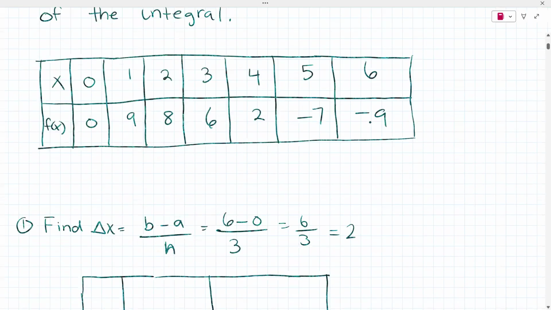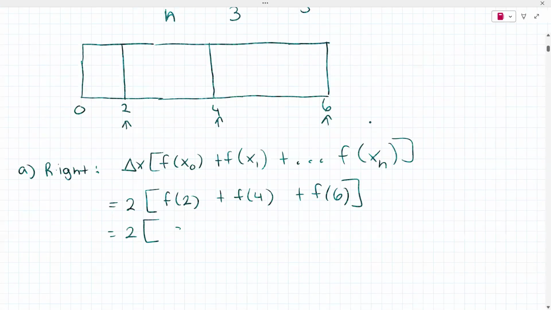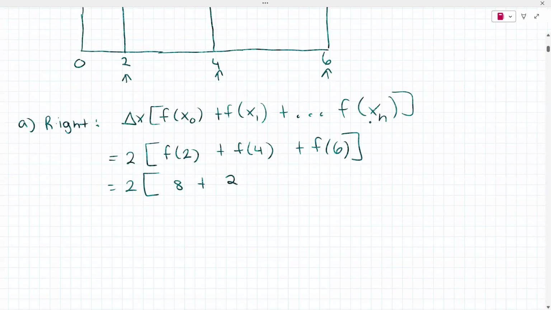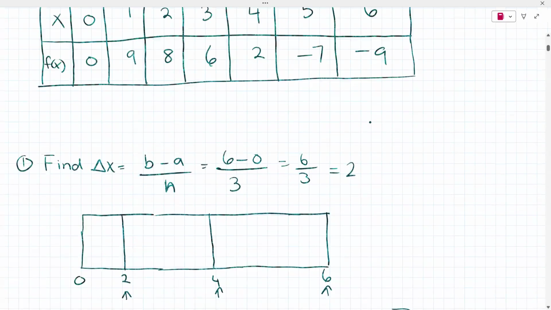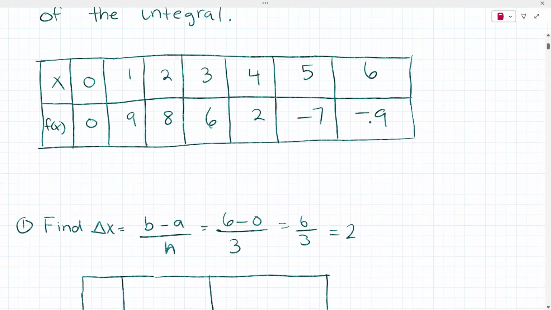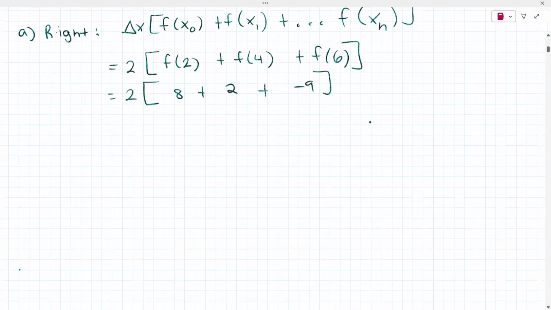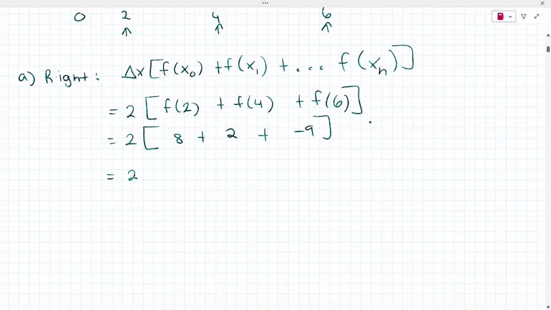F of 2 spits out 8. That's the height, right? F of 4 spits out a y value of 2, or a height of 2. And then f of 6 has a height of -9. So when you put it all together, this is going to be 2 times 1, which is 2.